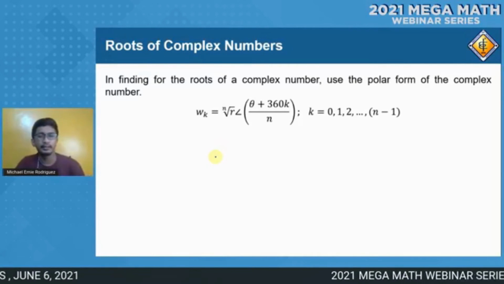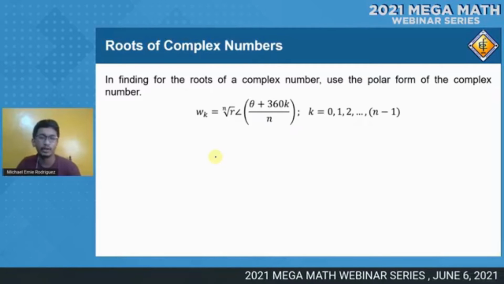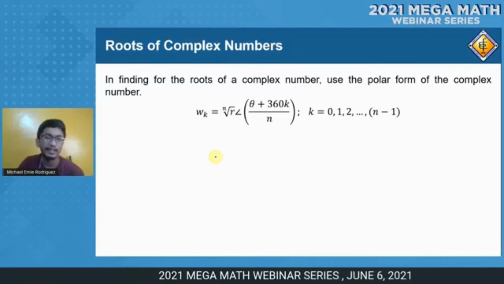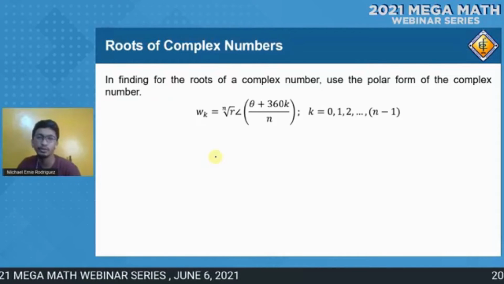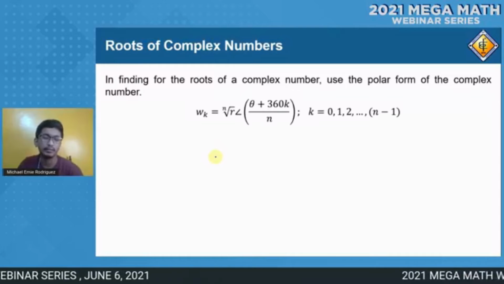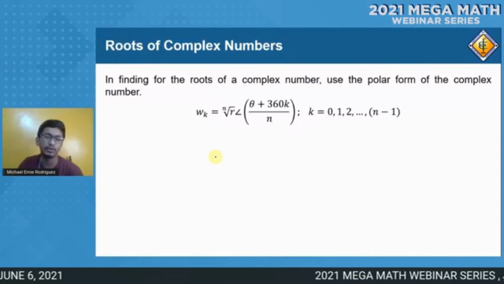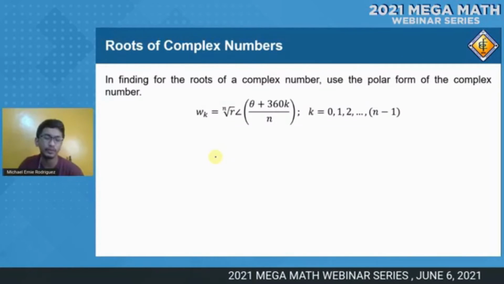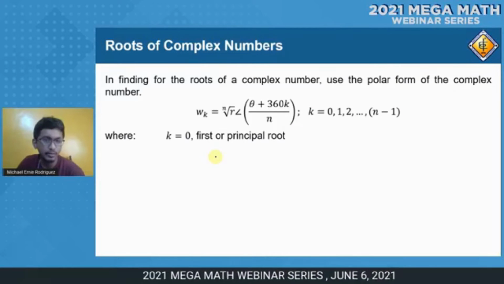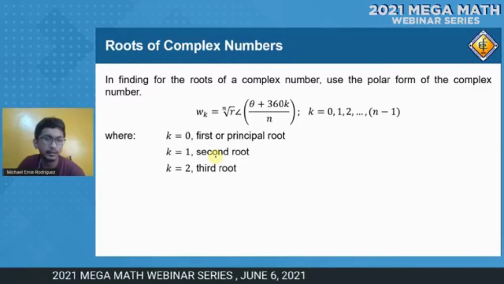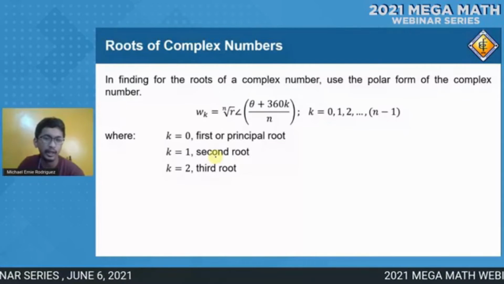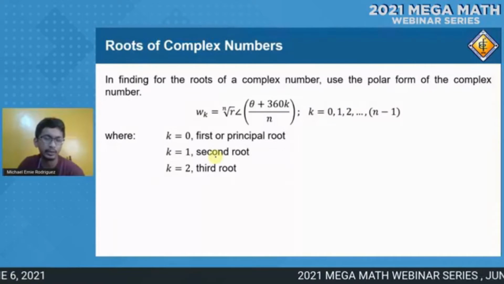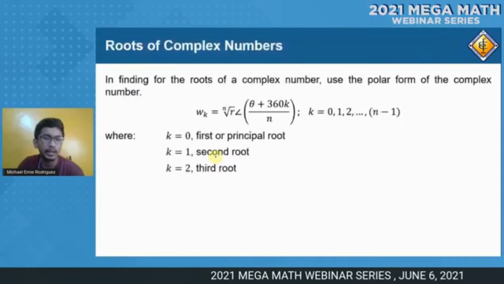So yung roots natin, kunyari, we have a third root, di ba? We have 3 roots. And then kapag fourth root yan, we have 4 roots, and so on. And then pag meron kang fifth root, that is 5 roots. Okay? So k is equal to 0 is the first or the principal root. K is equal to 1 is the second root. K is equal to 2 is the third root, and so on.